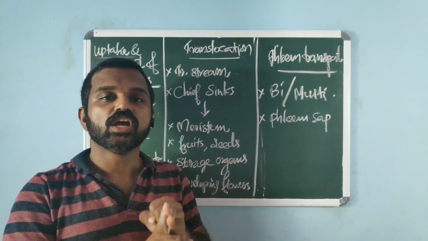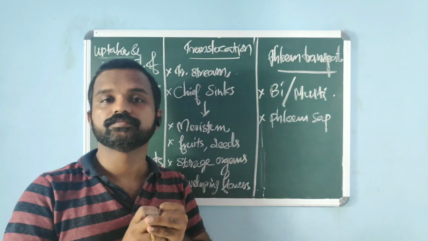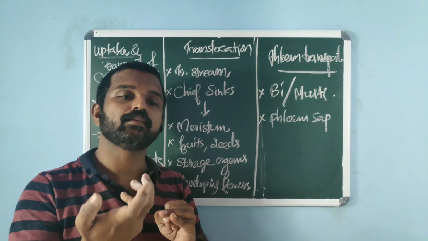Second, the concentration of mineral is more in the plant cell, and the requirement is there in the plant cell. That means mineral ions have to be moved from lower concentration to higher concentration, that is uphill transport. These are the two reasons why absorption of minerals involves active transport also.